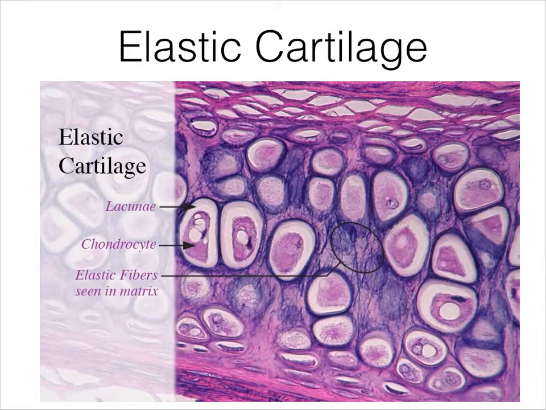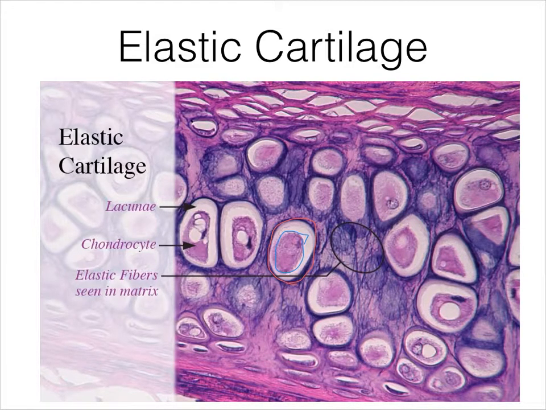Elastic cartilage. In elastic cartilage, what you usually see is larger cells in larger lacunae. So here we have the nuclei of a cell, and this is the lacuna. And they are going to be fairly densely packed.